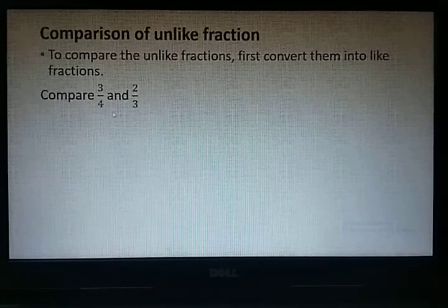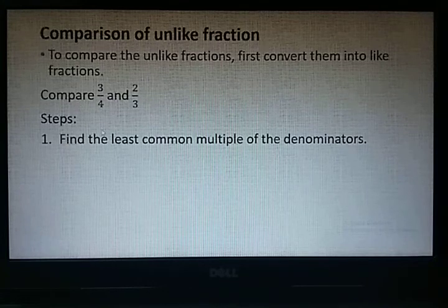So what to do for this? Just take this example, 3 by 4 and 2 by 3. We have to make these two unlike fractions into like fractions. So what is the first step you have to follow? You have to find the least common multiple of the denominators, means of 3 and 4.